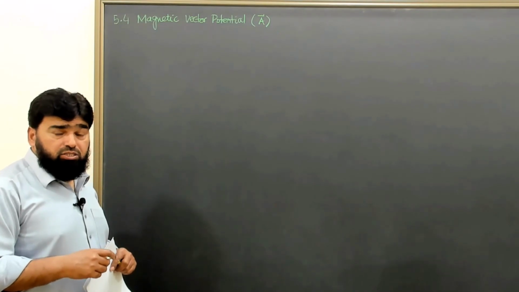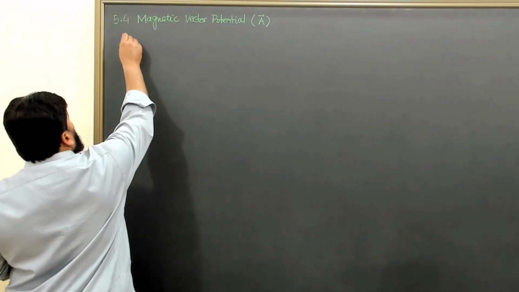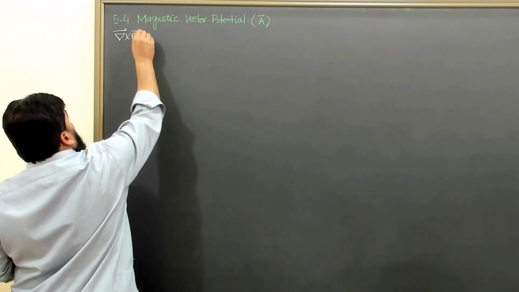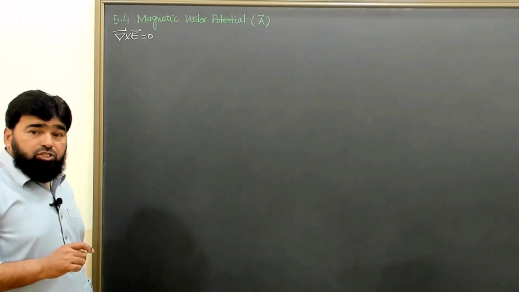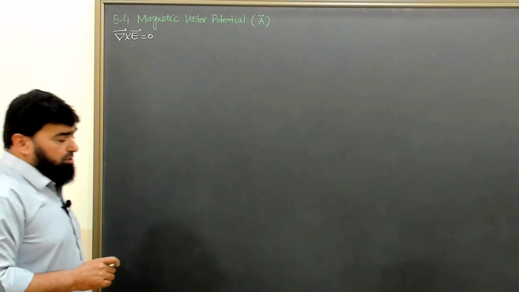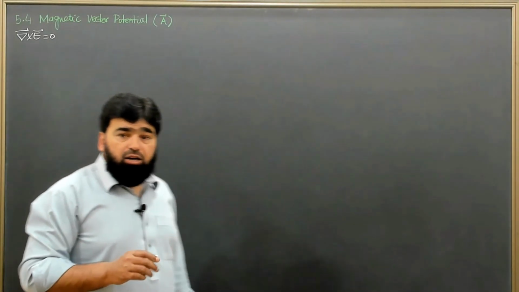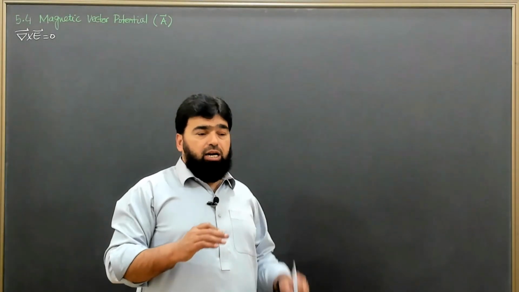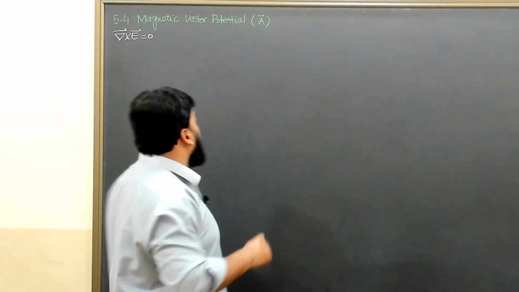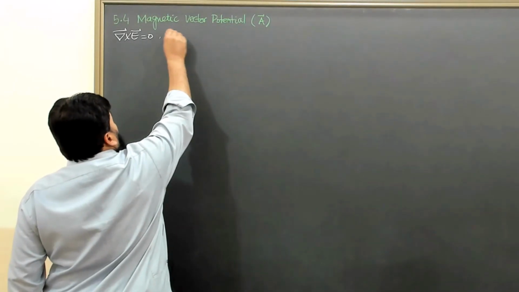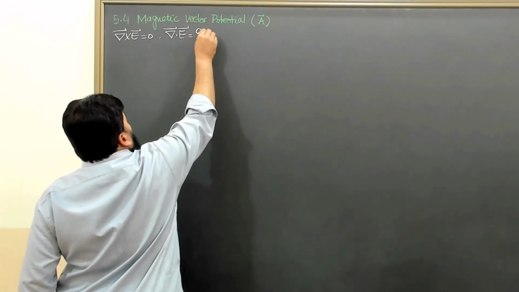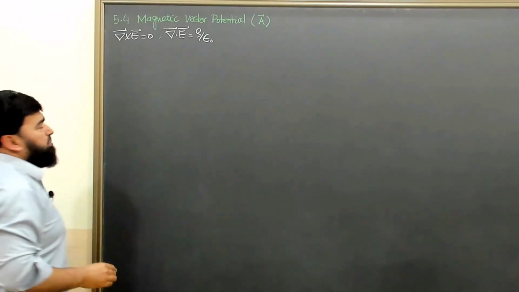So starting with a little bit of background from electrostatics, in electrostatics we had Faraday's law, that del cross E is equal to 0. That is, the electric field lines are not curling, they are going in one direction, then spreading and diverging, because Gauss's law says that the divergence of the electric field is equal to rho over epsilon naught.